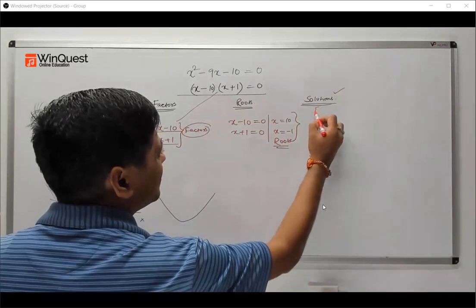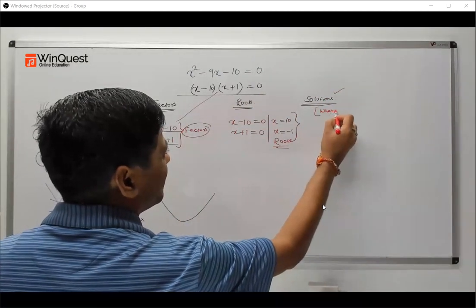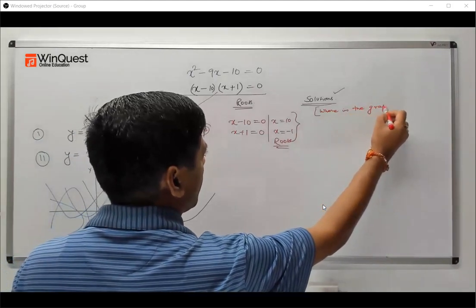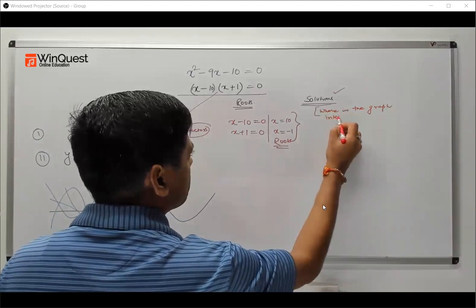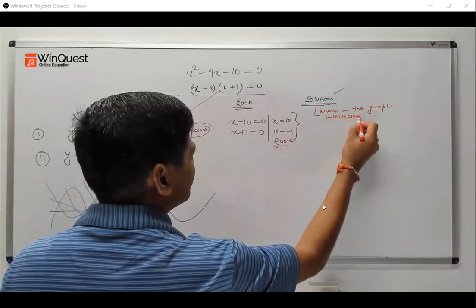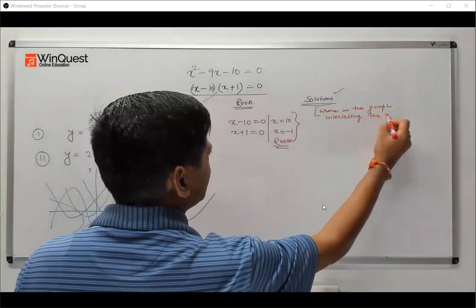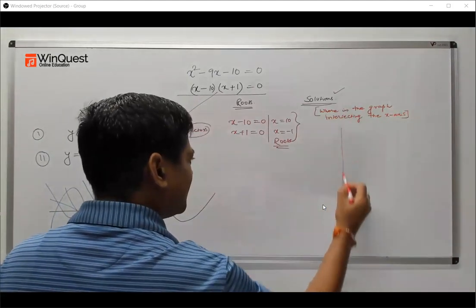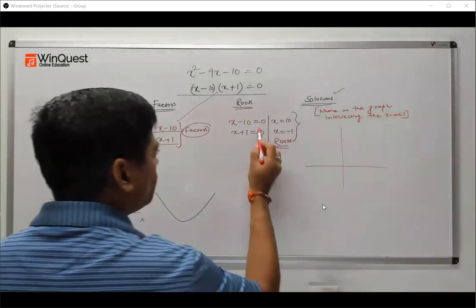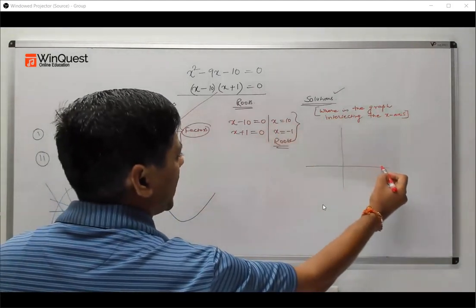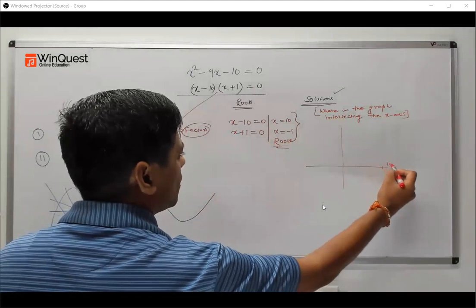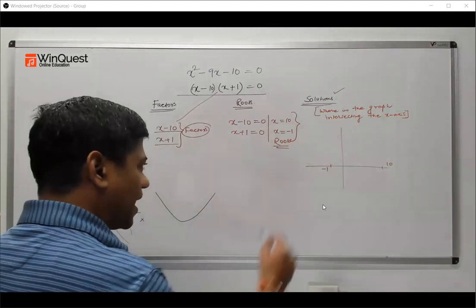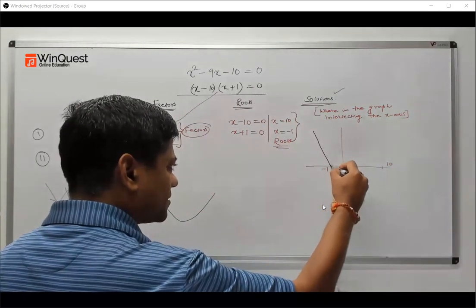But when somebody asks you what are the solutions, it technically means where is the graph intersecting the x-axis, which means somewhere the graph will be intersecting at 10, okay, and -1 here, which means the graph could be like this.